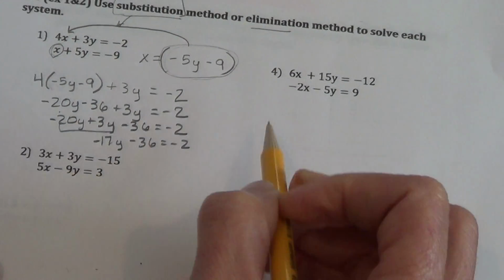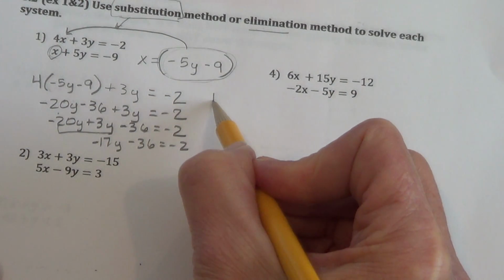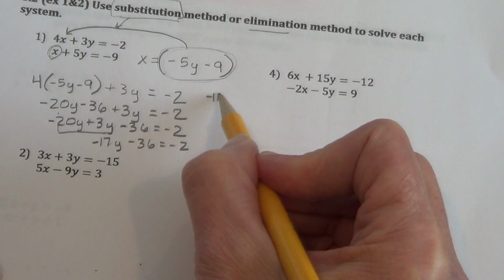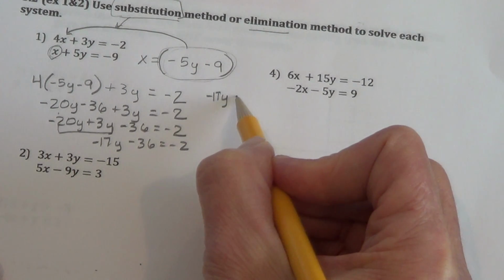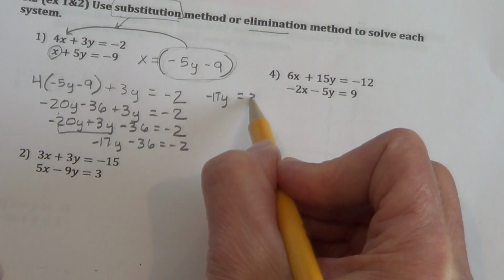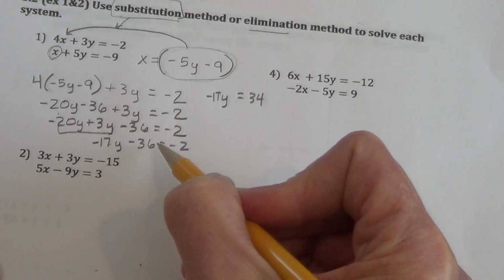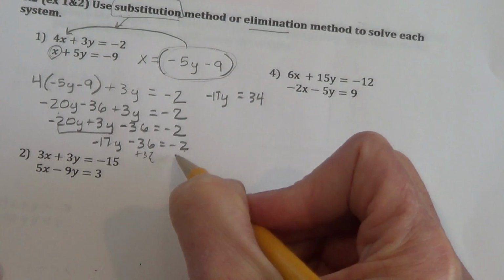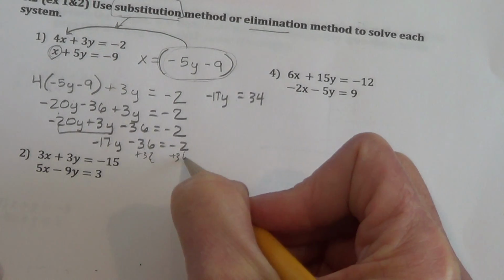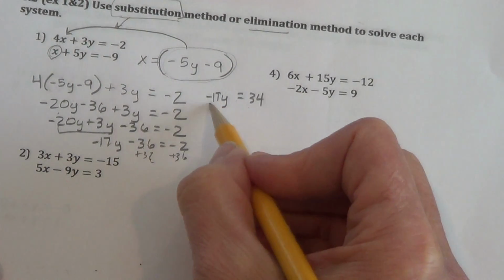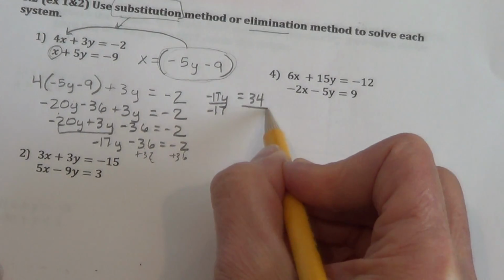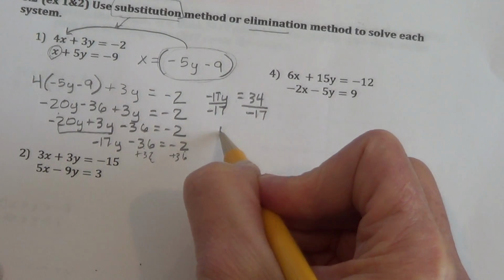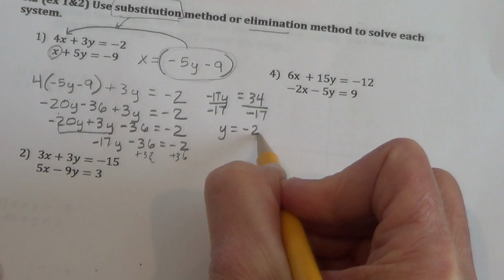I would add 36 to each side, and I would get negative 17y equals 34, because a positive 36, when it comes across, and a negative 2 is a positive 34. Now I divide by negative 17, and I get that y is equal to negative 2.